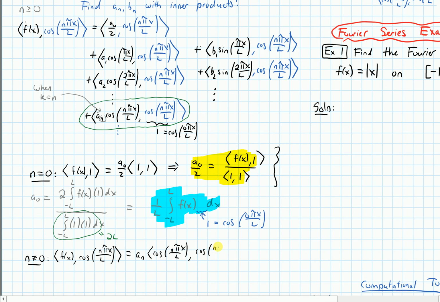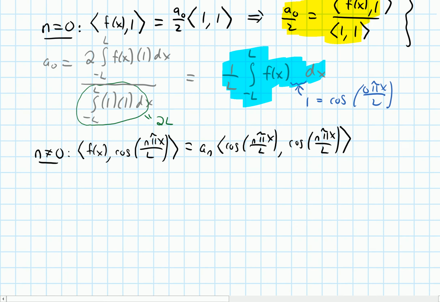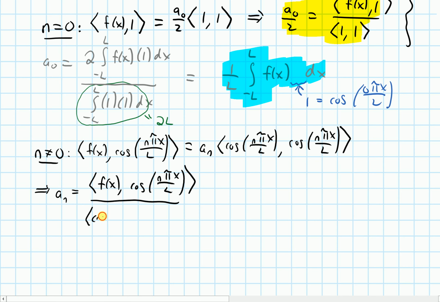So that's what survives on the right-hand side. So now let's zoom it back in. So solving for an now, if we isolate an, it is the inner product of f of x with cosine of n pi x over L divided by the inner product of cosine of n pi x over L with itself.